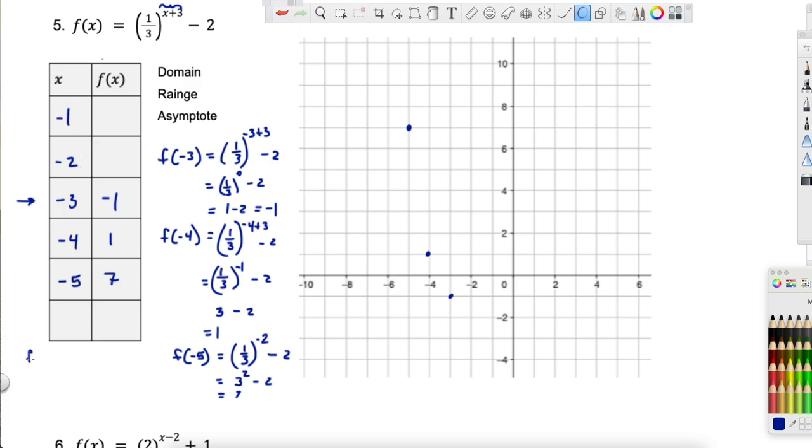I'm going to go right here. F of -2 is 1/3 to the -2 plus 3 and then minus 2. So -2 plus 3 is 3. 1/3 minus 2. All right, well that's -1 and 2/3, right?